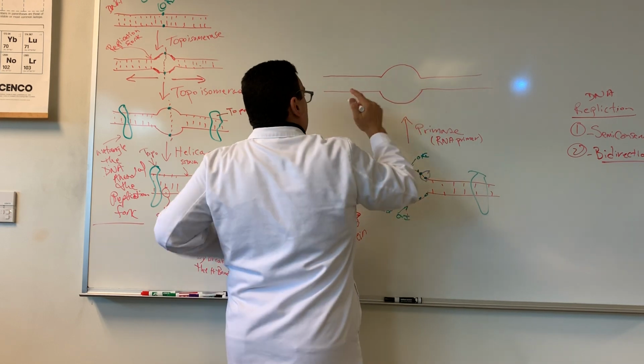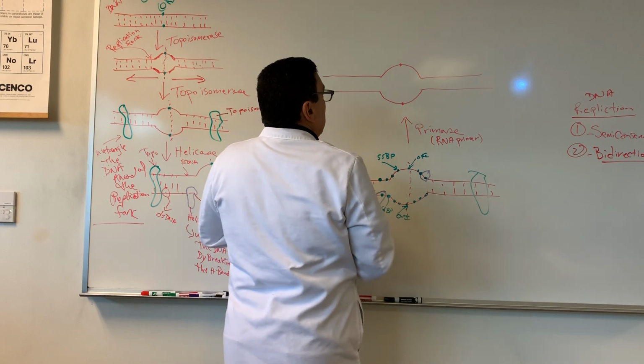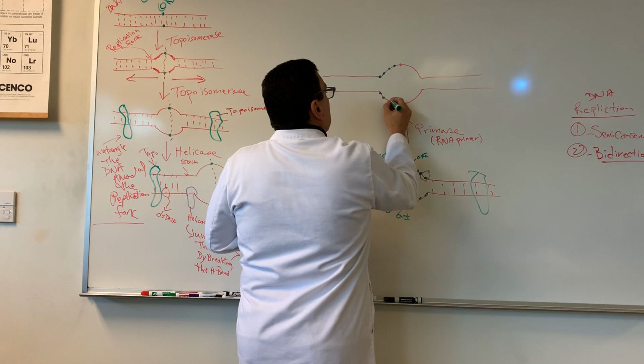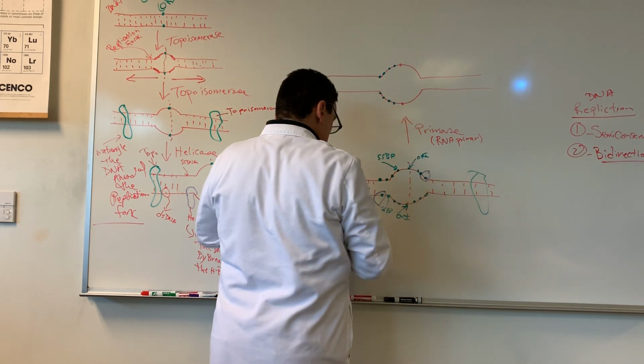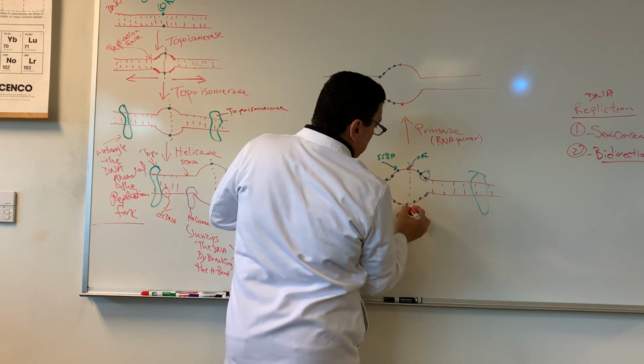Better. All right, origin of replication. The single-stranded binding protein. Change the color of the origin of replication to red.